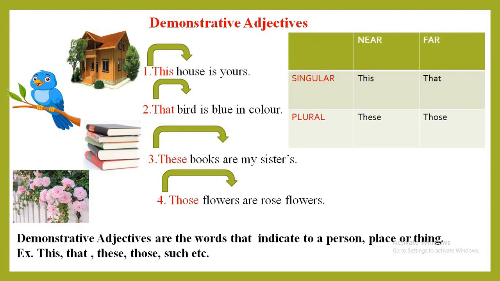Example, this, that, these, those, such, etc. So students, in singular for near we use this and for far we use that. Whereas in plural for near we use these and for far we use those.